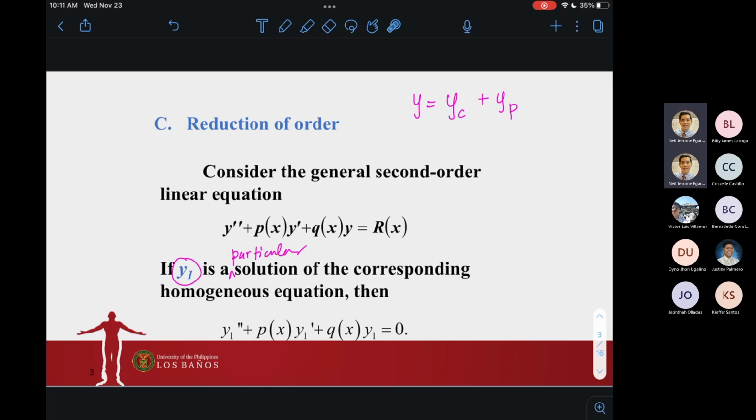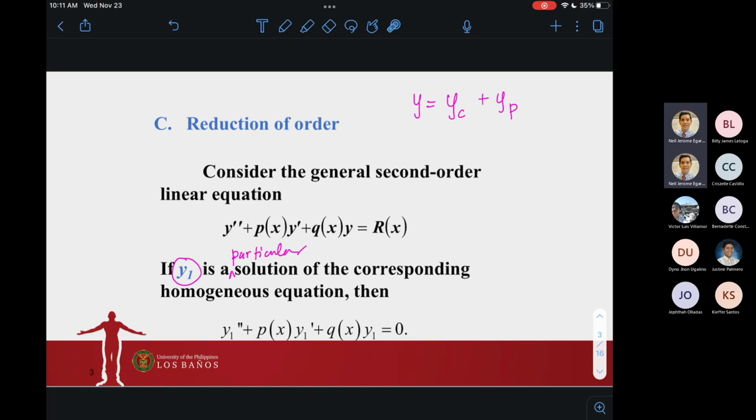So si y sub 1 is a particular or an instantiated version of y sub c. Ikaw yung mamimili kung anong arbitrary constant yung gusto mong gamitin. But of course, you want to choose the arbitrary constants para maging non-zero si y1 and at the same time si y1 ay simple lang i-manipulate. Alright? So huwag nyo nang piliin na komplikado yung constants. Usually 1 or 0 lang yung ginagamit natin dun sa mga arbitrary constants to simplify things.